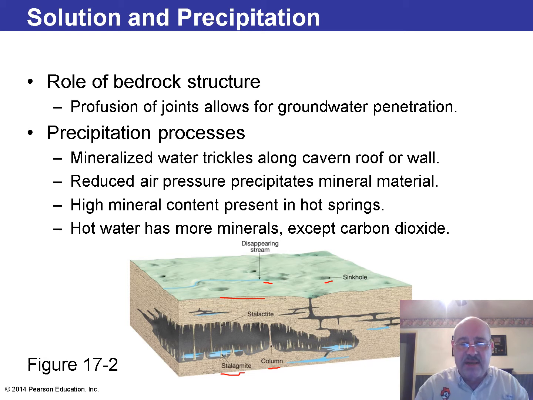High mineral content is present in hot springs. Lots and lots of minerals. However, hot water has more minerals but has less carbon dioxide. Why is that? Well, just like we talked about the atmosphere and our pocket of air at the very beginning of the semester, if you expand it, it's less dense. Cold is more dense.